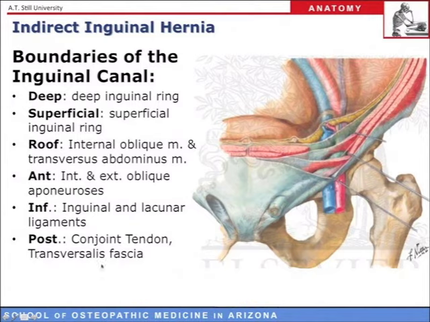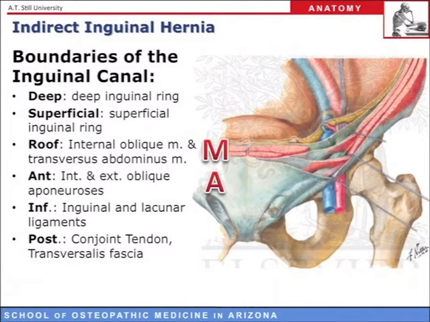Now that's a lot of information, so let's make it a little bit easier. Note that the roof is made up of two muscles. That's the M here. So the muscles are internal oblique and transverse abdominis. Now if we go to the anterior border, it's made up of two aponeuroses. That's the A. So it's the internal and external oblique aponeuroses.